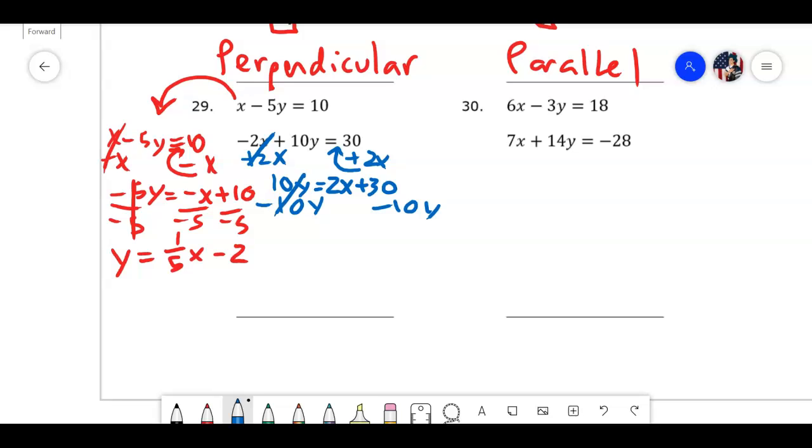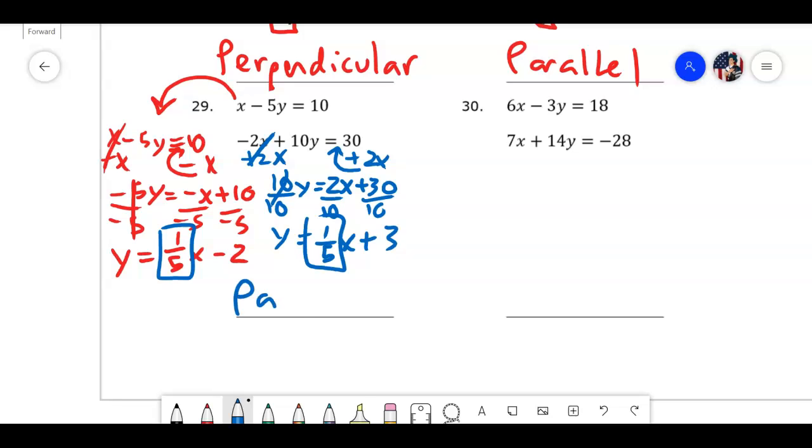Hold on. I'm doing something crazy here. I need to divide by 10, that's what it is. 5x plus 3. All right, now, same slope, parallel.